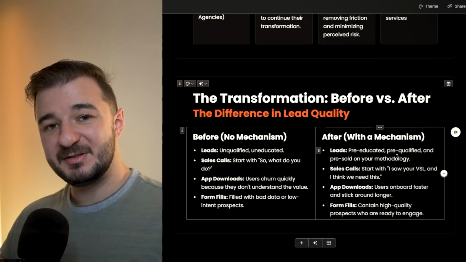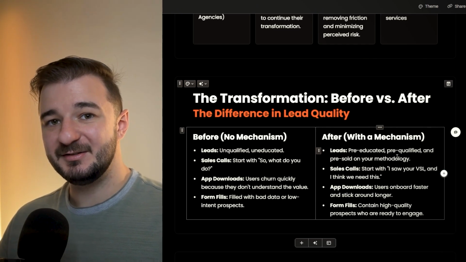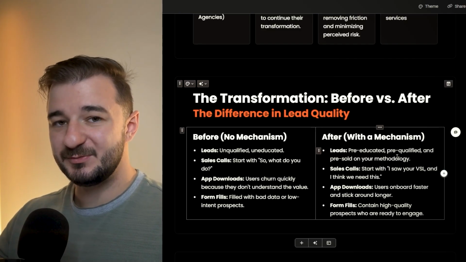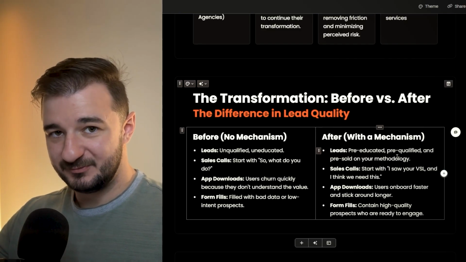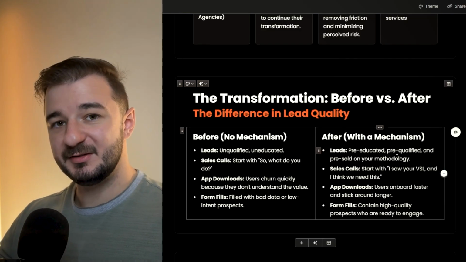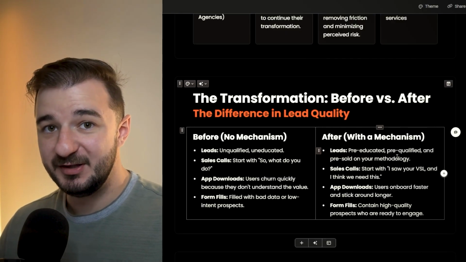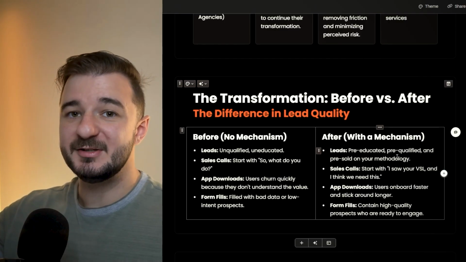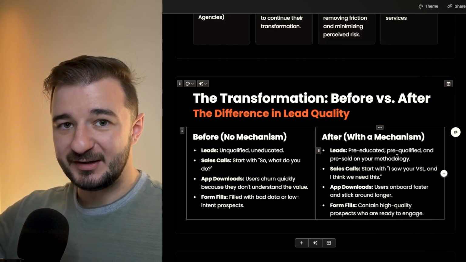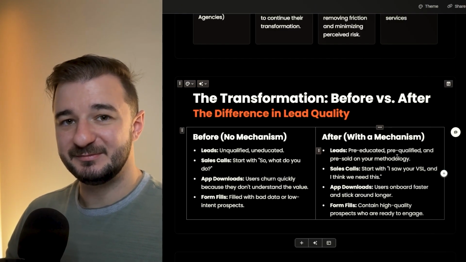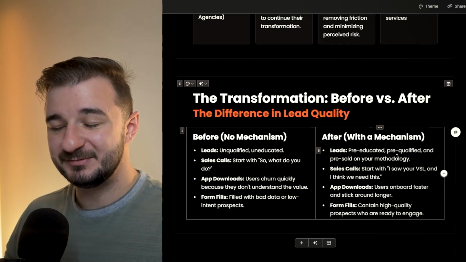The form fills, they understand now that they fill the form, this is why I need their product or solution. I'm filling this form and then I am expecting somebody to reach out to me and I will answer that person because you've already explained that inside your conversion mechanism. So there's no guessing on their part.